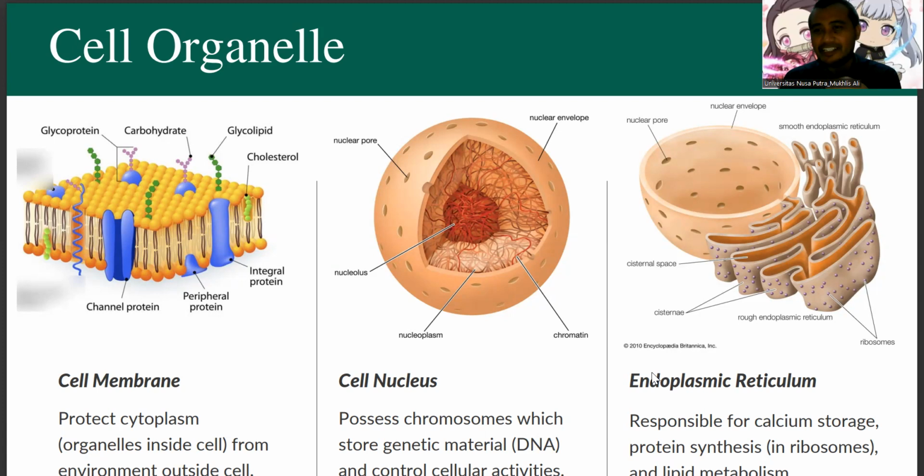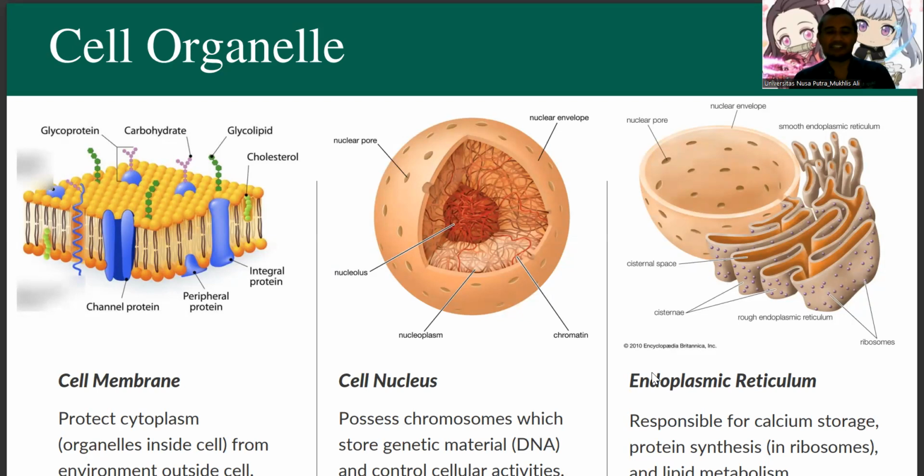The cell membrane actually is a semi-permeable membrane, which can filter or select which kinds of minerals or other chemical compounds can enter or exit the cell.